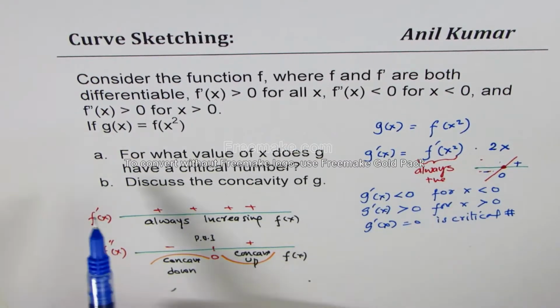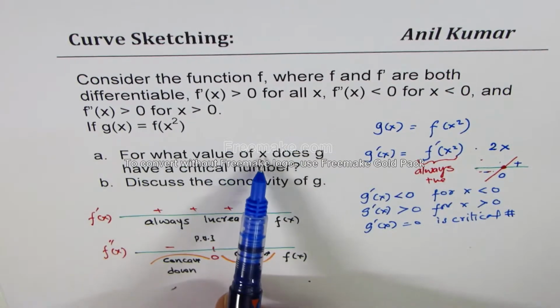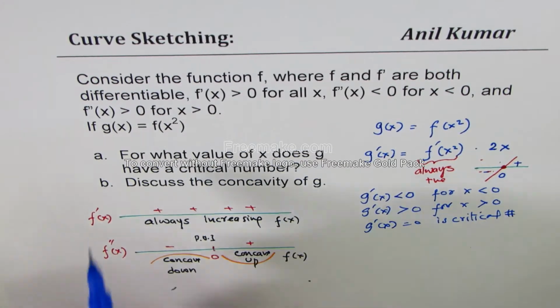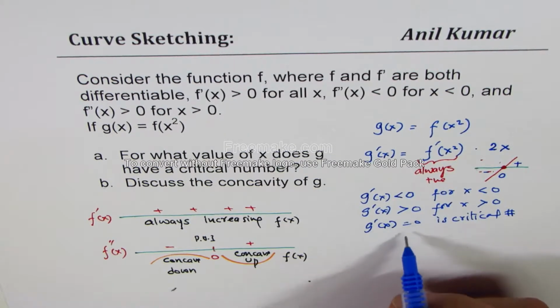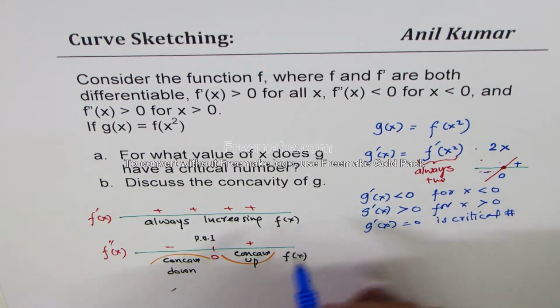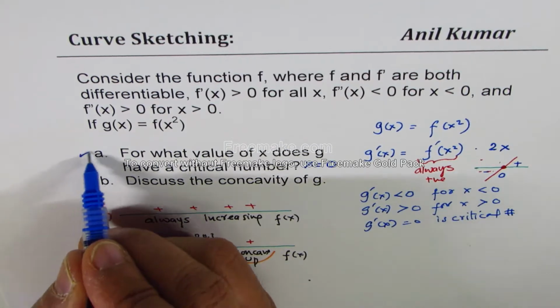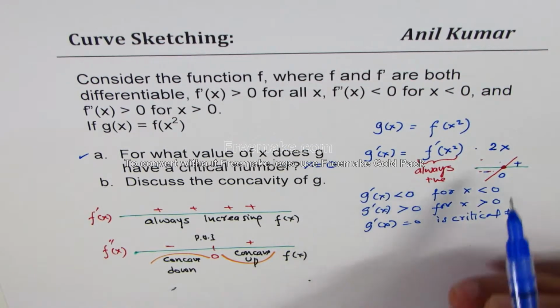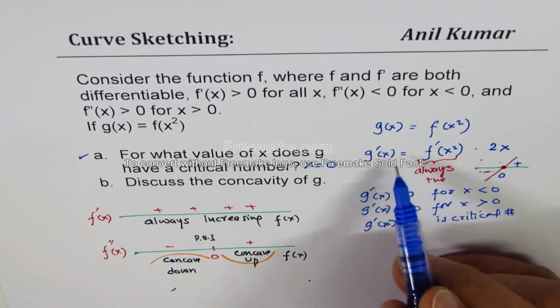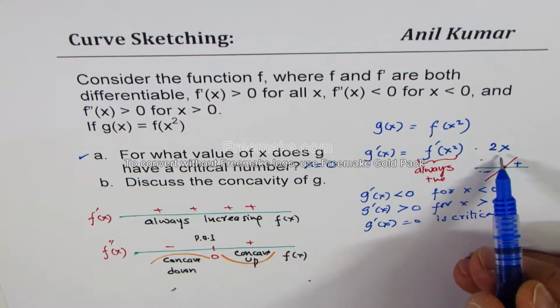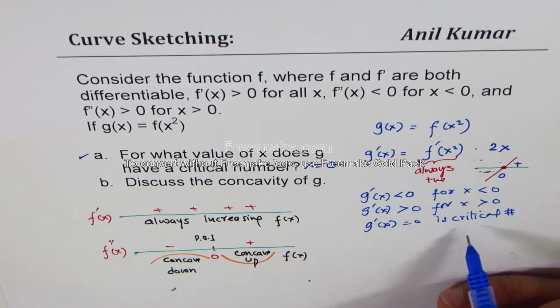Perfect. So part A is: for what values of x does g have a critical number? The answer is at x equals 0, it has a critical number. At x equals 0, it will become 0. So that is your critical number. So we have answered part A.